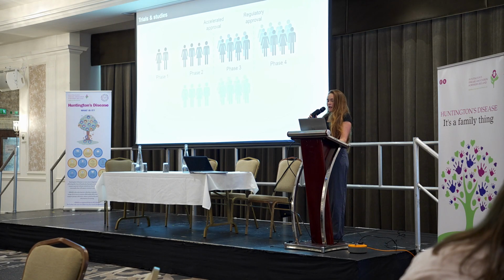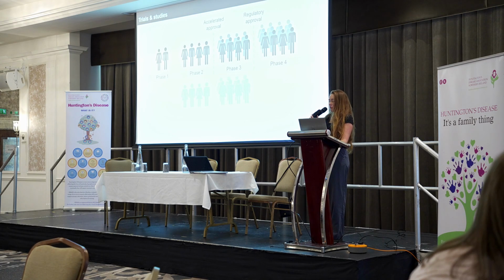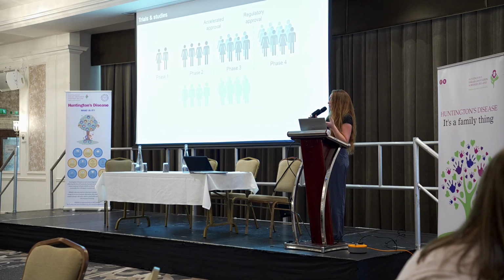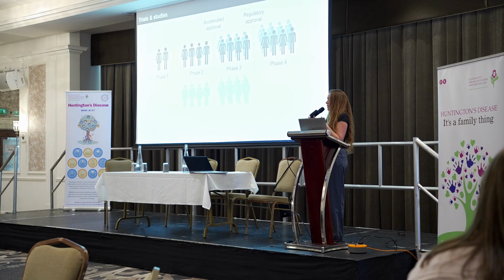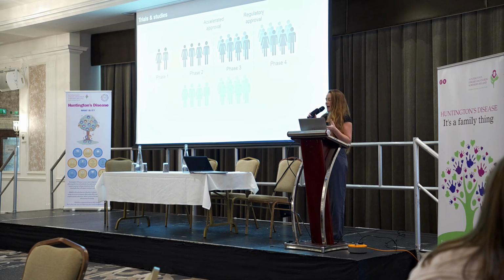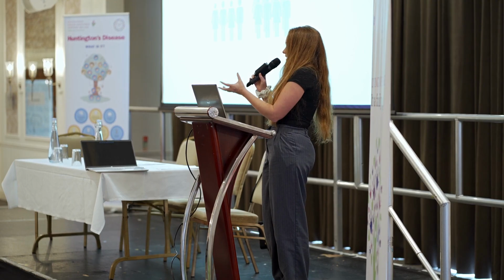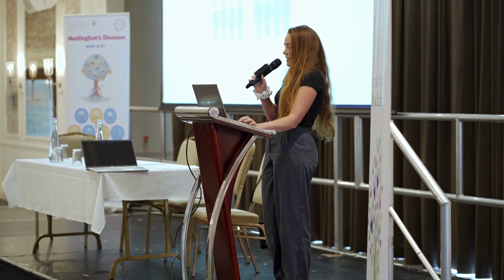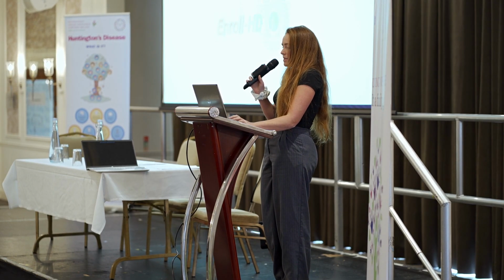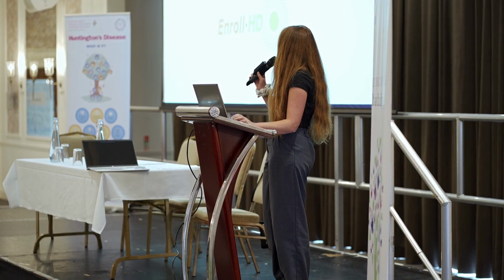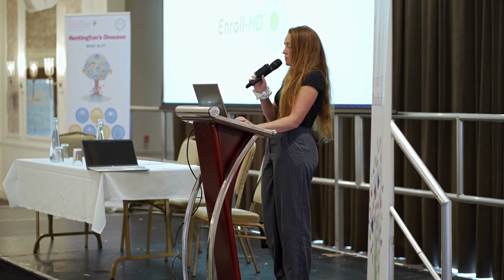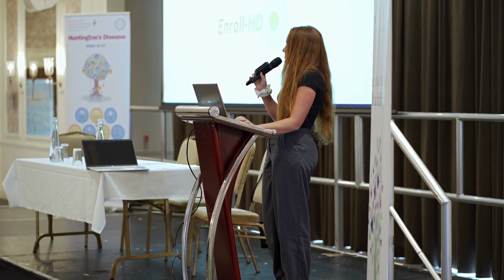In phase 2 and 3 trials, they also often involve placebo groups. These are groups of people who don't receive the drug but don't know that they're not receiving it. That's just so that we can confidently compare the drug effect against a matched group of people who aren't taking the drug. But sometimes, instead of using placebo groups, we can use natural history data from observational studies.